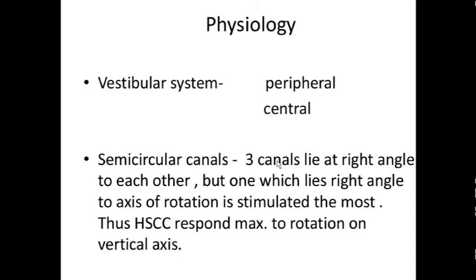Whether you are walking, lying horizontal on the bed, jumping, or moving in circles, whatever is your axis of rotation, the semicircular canal which is perpendicular to that axis gets stimulated the most. It detects there is a movement in this axis and it will produce counterproductive movement within that labyrinth and it will balance you.